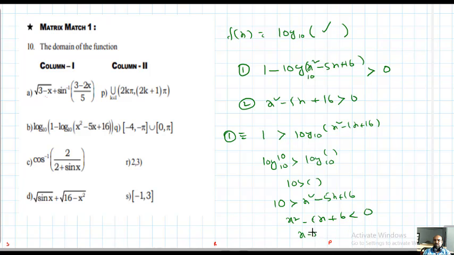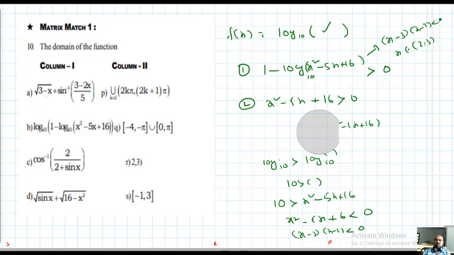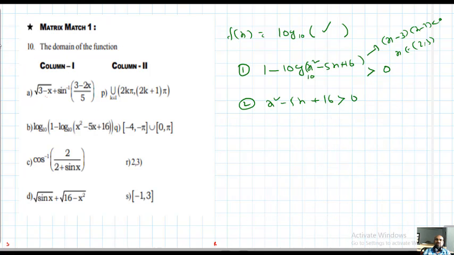So x minus 3 into x minus 2 less than 0, which means x belongs to the open interval 2 comma 3. By using a number line you will get that. First part completed. From the first part, x lies between 2 to 3.